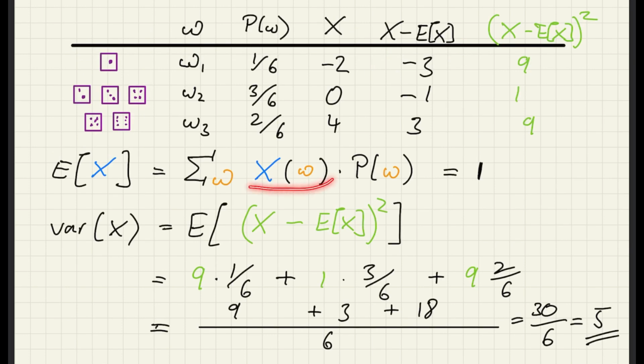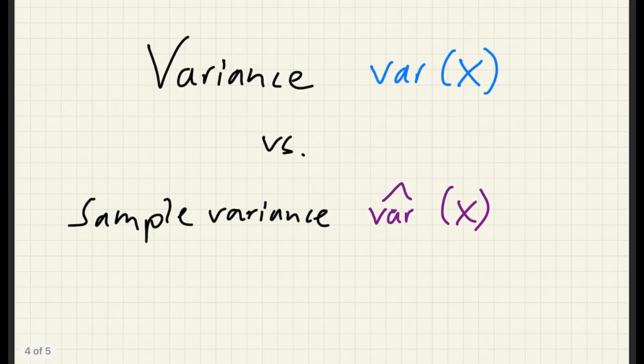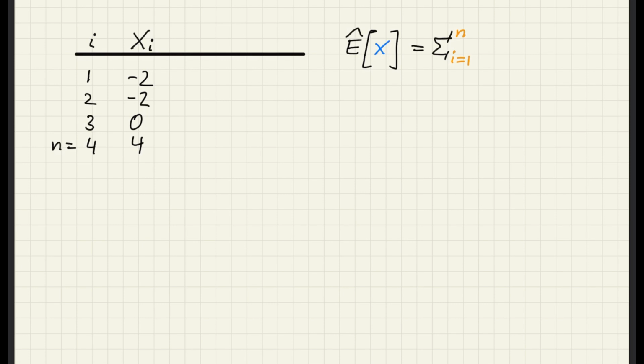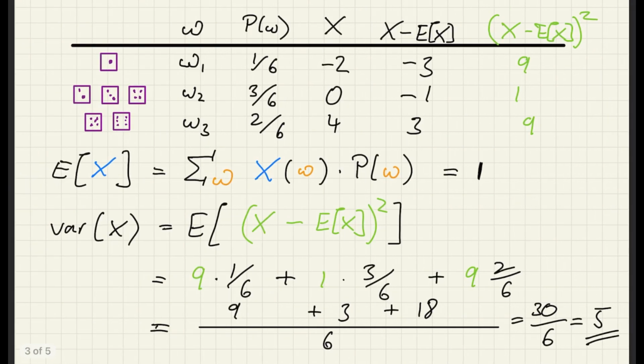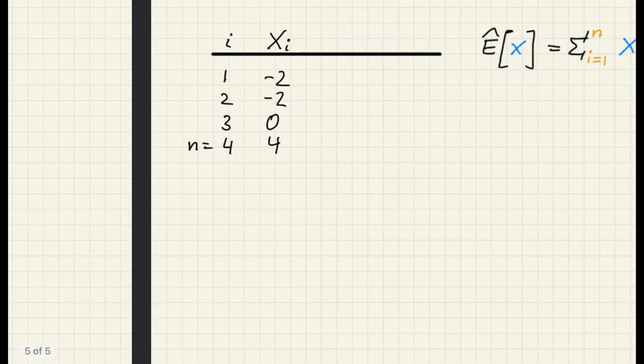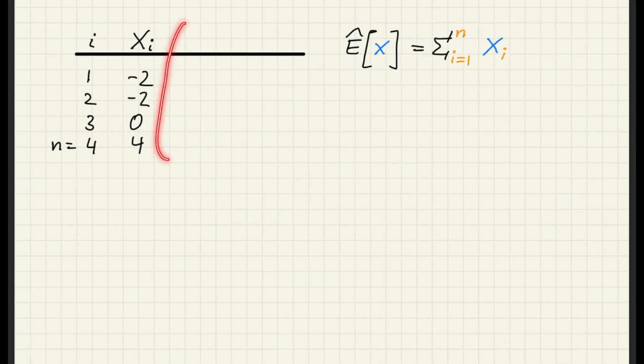Then I'll take x, but this time not x of omega, but x observed at observation i, and now I realize I don't have a probability measure. So right, in this table there's no p. So I'll invent a p, and what we'll use is the empirical measure. And the empirical measure just gives the same weight to each observation.